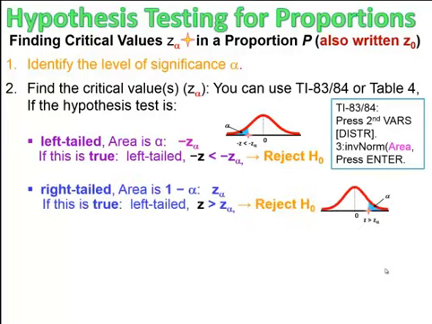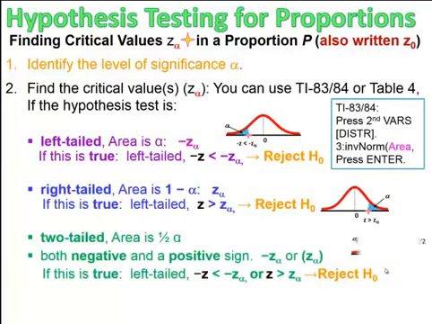If you have a right tail test, in order to find your critical value, you're going to have to use 1 minus alpha. So remember, when it's shaded to the right, you always need to use the area to the left to find the z value. So you have to do 1 minus alpha to get the correct critical value.